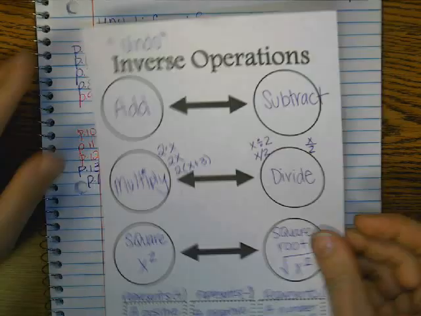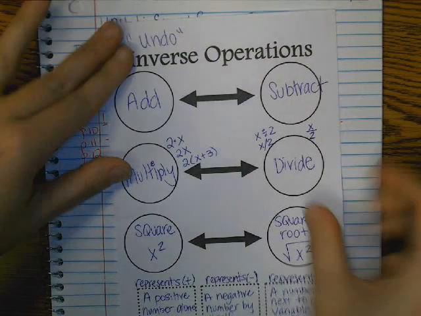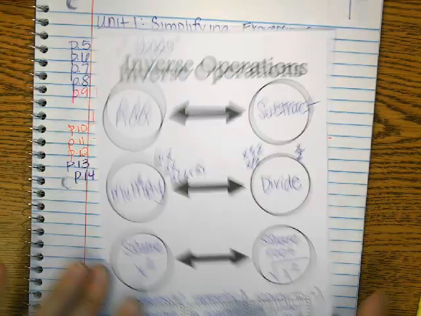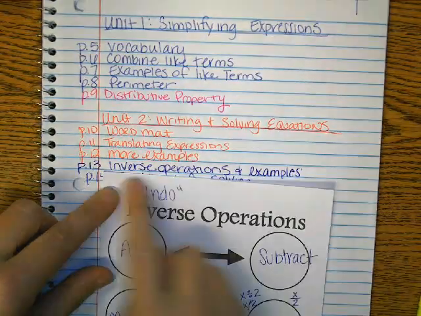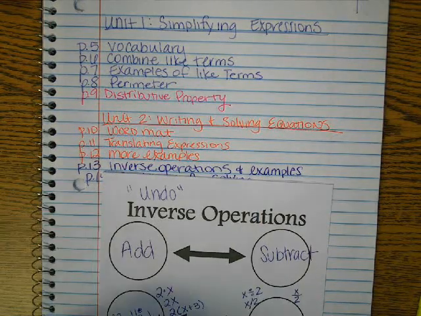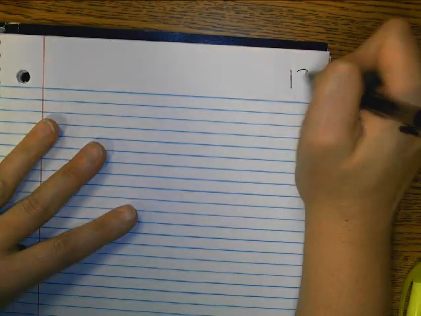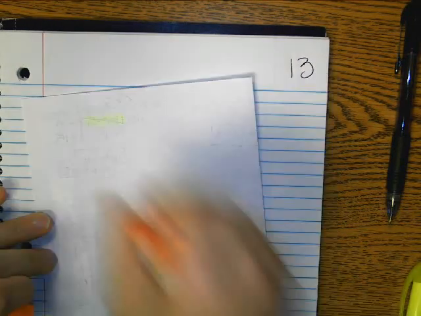Get your glue stick, glue it down. They should fit pretty exactly. And then this page is going to be glued on page 13. So you'll go to page 13 in your spiral and glue down your inverse operations and your examples.